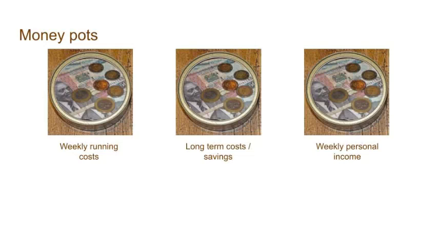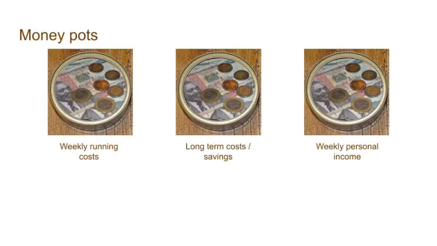It's a way of separating out the money that comes into your business for different reasons. And what I'm going to suggest is that for your businesses, you start out with 3 different money pots. So these can be physical places that you put money, but you keep the different money pots separate from one another.